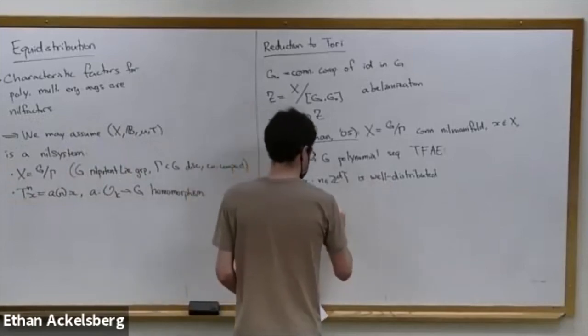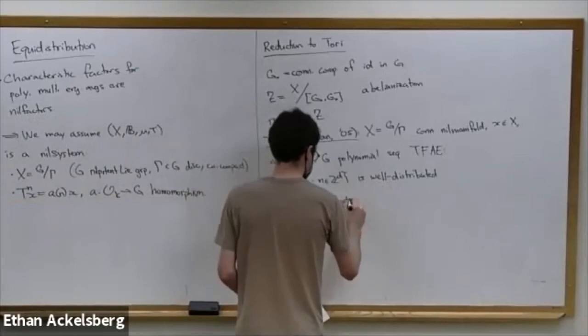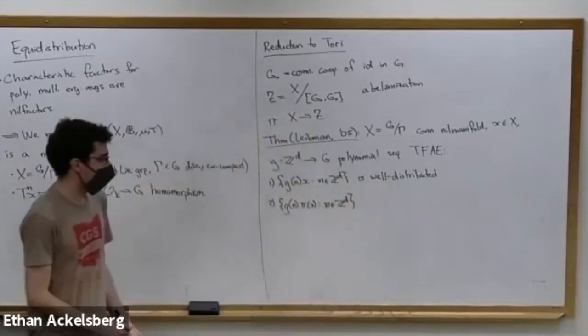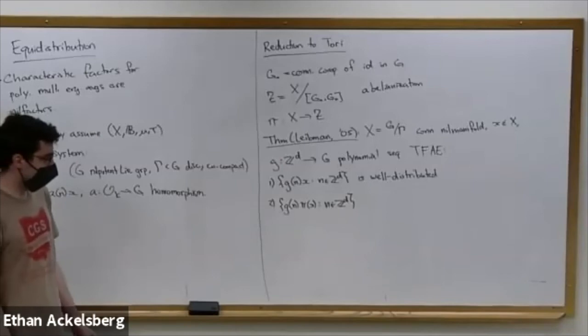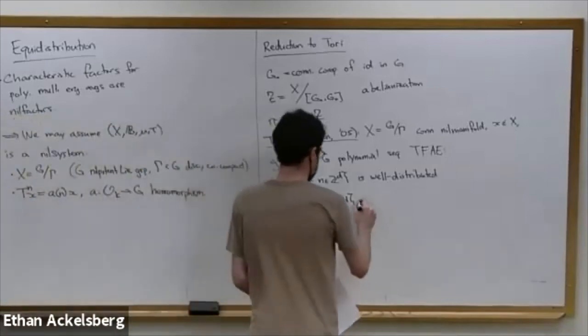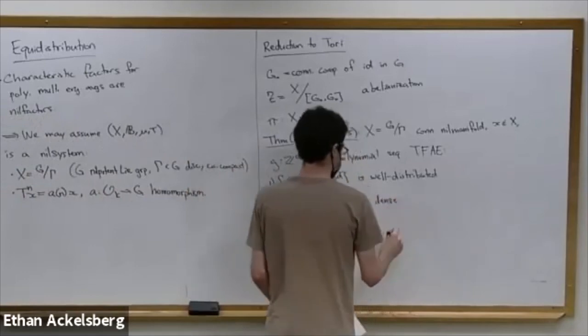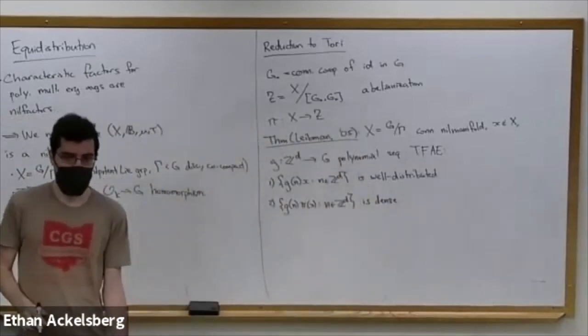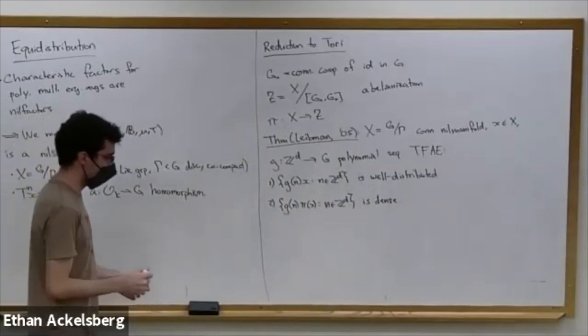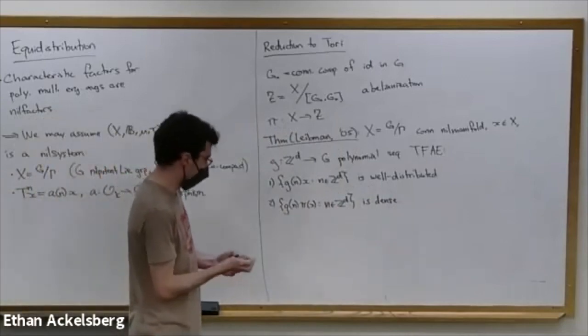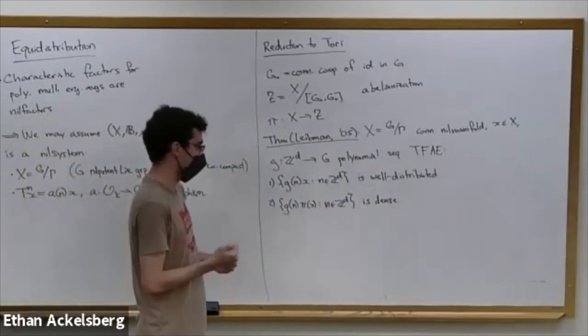We look at the projection of this sequence onto the abelian part, and all we have to show is that this is dense. Okay, so as I said, you can sort of think of this like a generalized version of Weyl's criterion.